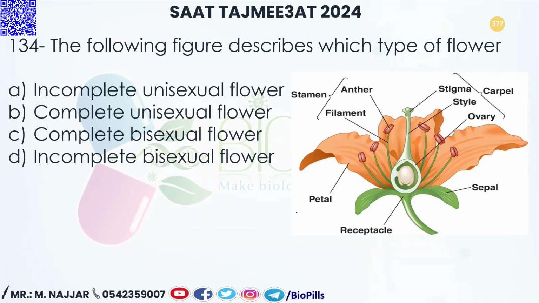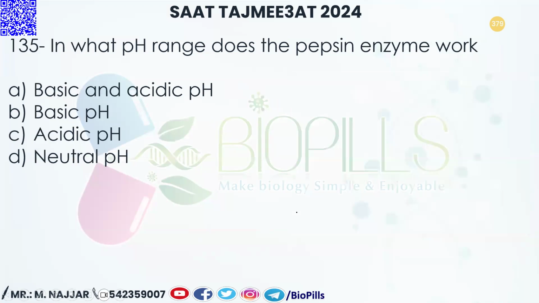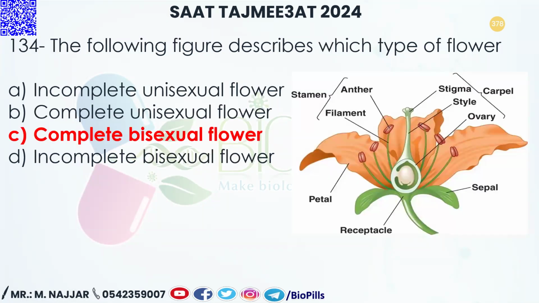Yeah, complete bisexual. Why? Because it has both male and female reproductive structures. Uni means one, just like uniform. Uniform means multiple uniform? Do you go to school with multiple uniforms? Okay, no problem.